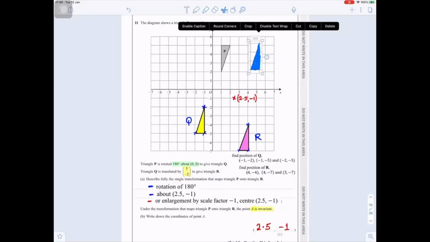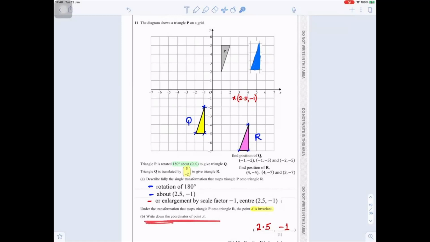And part C says, write down the coordinates of the point A under the transformation that maps P to R. The point A is invariant. The point which is invariant is this point there, 2.5, minus 1.